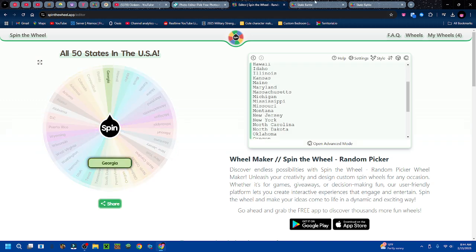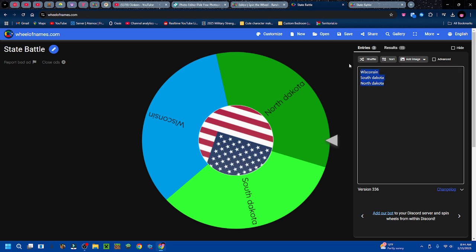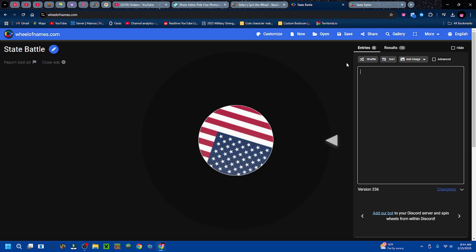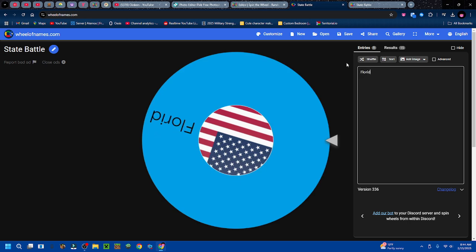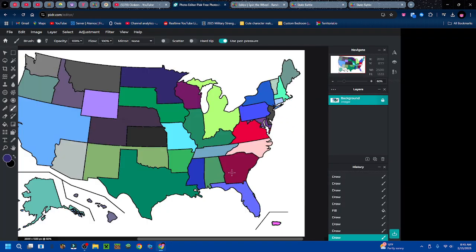It's gonna be Georgia. They border Florida, they border Alabama, and Tennessee, North Carolina.